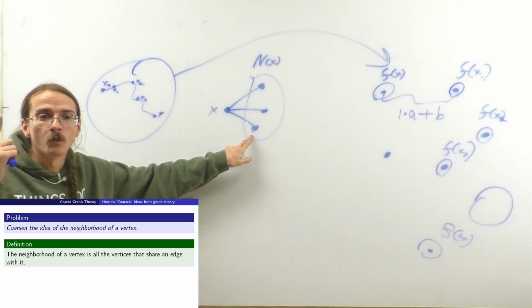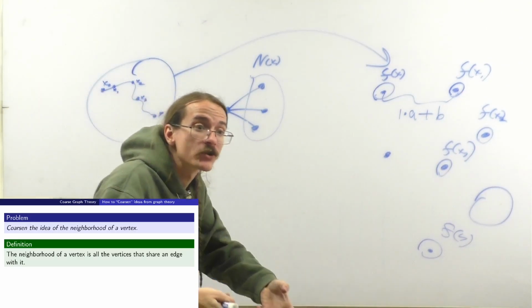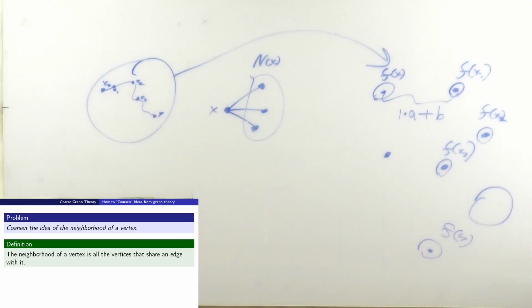They are distance 1 from each other. So the neighborhood of x is all of the vertices that are distance 1 from it. How are we going to coarsen that distance equals 1? We're going to do it in the same way we did it for connected things. Distance 1, we're going to translate to distance at most m. And I bet if you hit the next slide, that's probably what I have there.